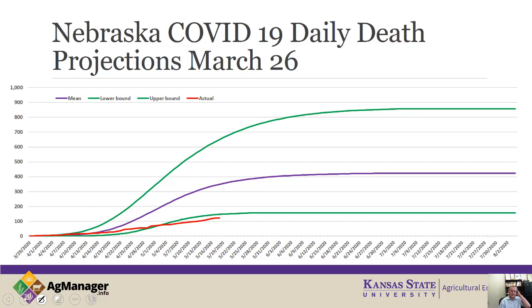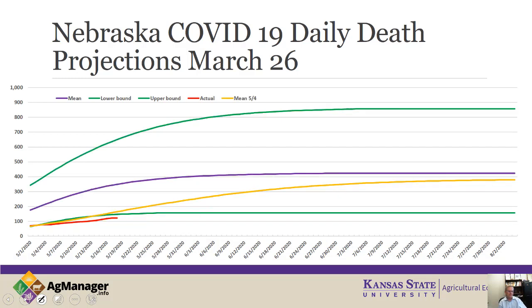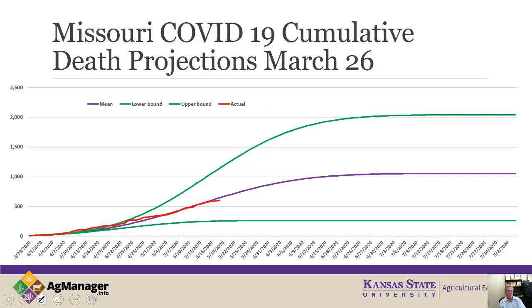Nebraska has been on that lower bound and below that lower bound for about the last 15 days. Looking at the orange line, which is the most recent methodology being used, Nebraska is quite a bit lower than that recent model.